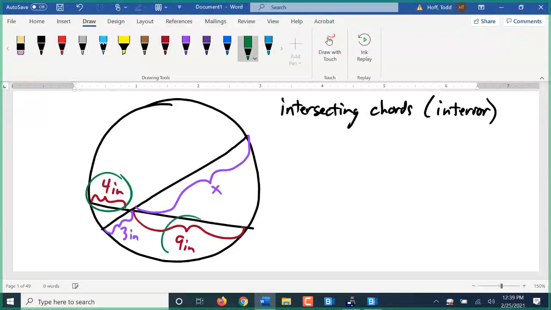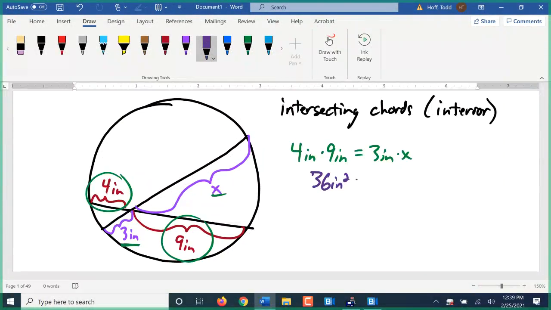So this chord is cut into pieces that are 4 inches and 9 inches. 4 inches times 9 inches is 36 inches squared. This other one already has a piece of 3 inches. The other one is x. So 3 inches times x is just going to be 3x inches, if you want to keep the label on it.